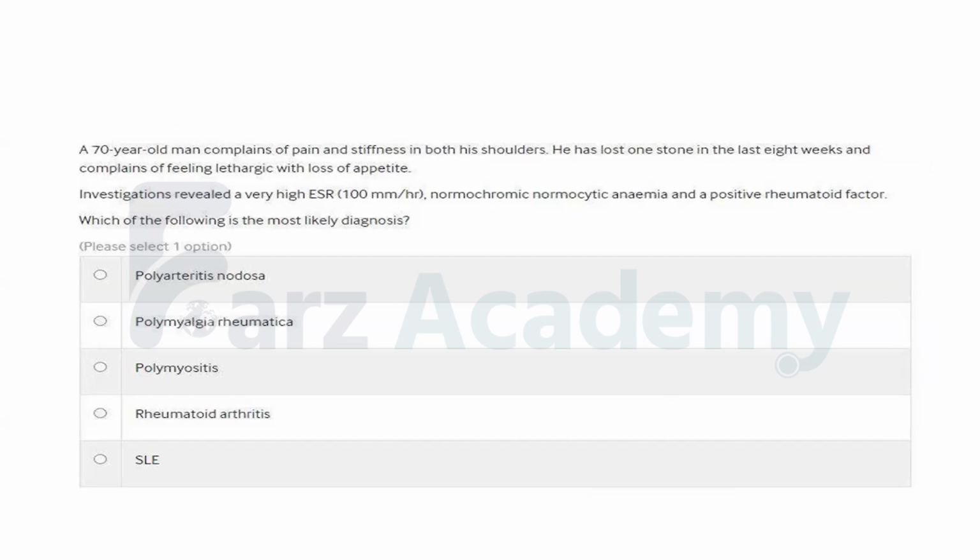Polyarteritis nodosa, polymyalgia rheumatica, polymyositis, rheumatoid arthritis, and SLE. So, elderly male, 70 years, pain and stiffness in shoulder, weight loss, lethargy, ESR markedly raised, anemic and positive RA factor.